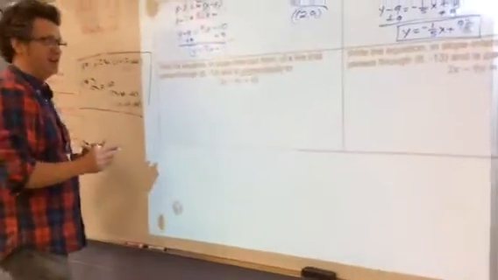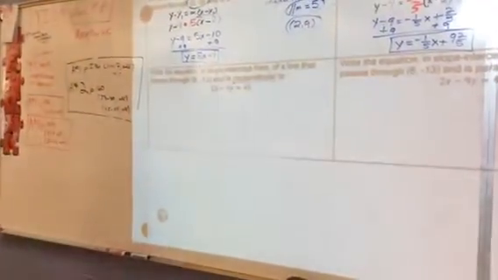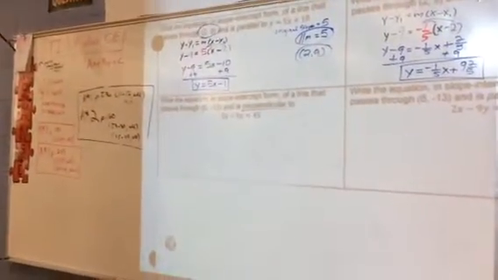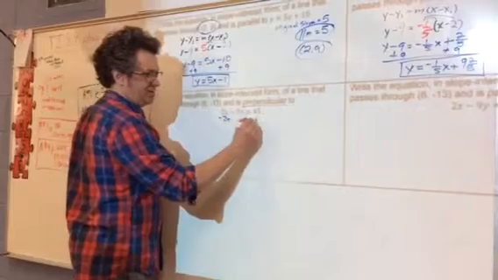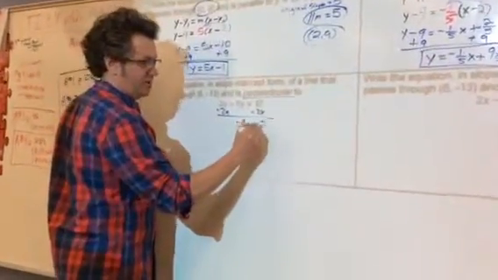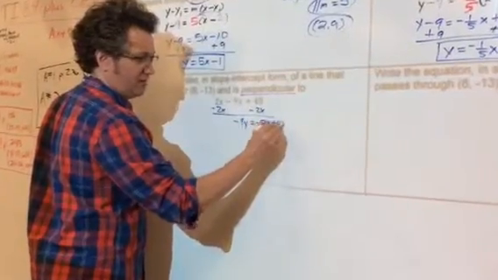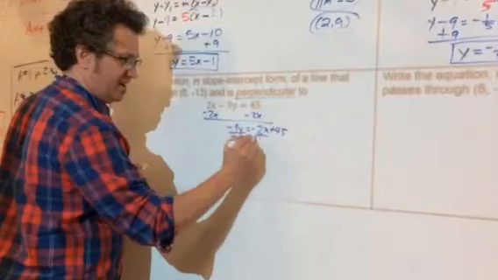So what we're going to need to do here is first we need to find out what the original slope is. So I'm going to go ahead and put that in slope-intercept form. So I'm going to subtract 2x from each side. Negative 9y equals negative 2x plus 45. Divide by negative 9.